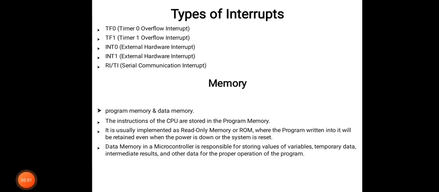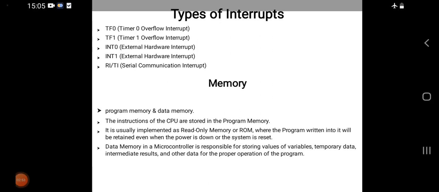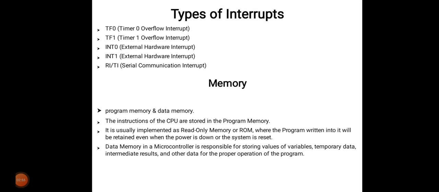Next one is memory. What is the memory requirement for our circuit? The memory of a microcontroller architecture includes 2 types: program memory and data memory. The instructions for the CPU are stored in the program memory, which is usually implemented as ROM, or read only memory.